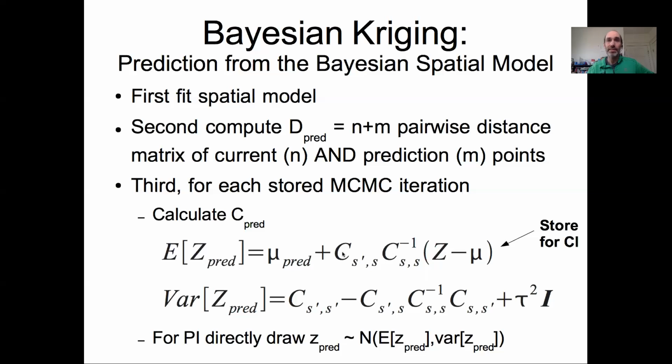The other way of viewing this is that C S prime S times C SS inverse is essentially going to give us a set of weights. Points from our original data set that are near to where we want to make predictions are going to get a higher weight, and points that are very far away are going to get a very low weight. And then, in matrix form, we're summing up all of those weights times those residuals in order to adjust the mean up or down.